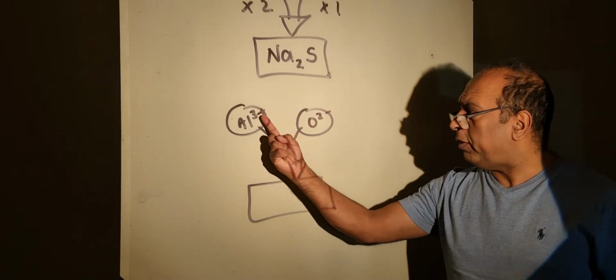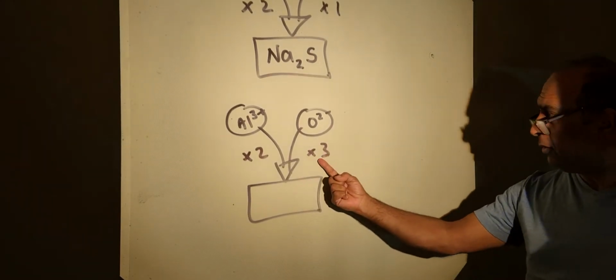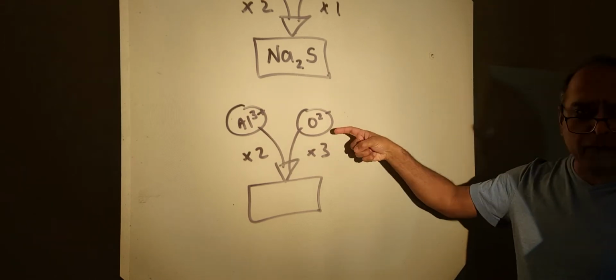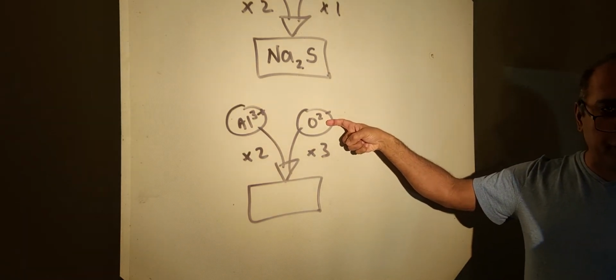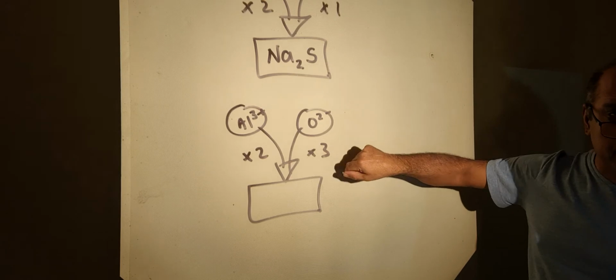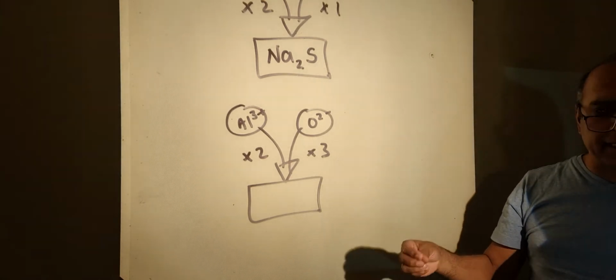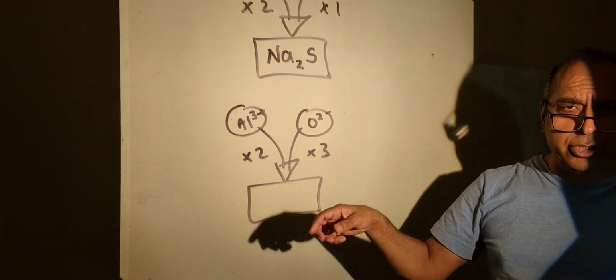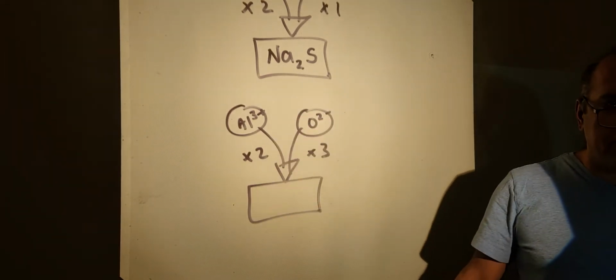Now, aluminium is 3 positive. Oxygen is 2 negative. 3 positive, 2 negative. How about if we took 3 of those and 2 of those? 3 of those oxygens would give me a charge of 6 negative. 2 aluminiums would give me a charge of 6 positive.